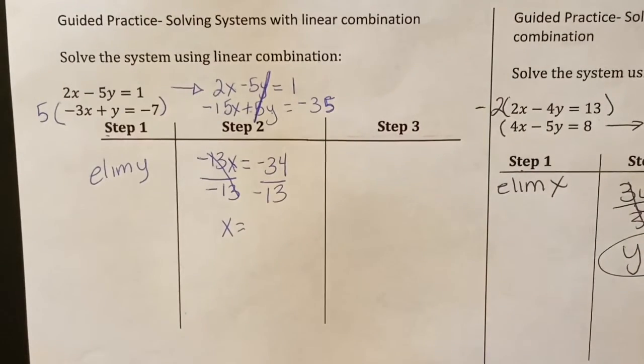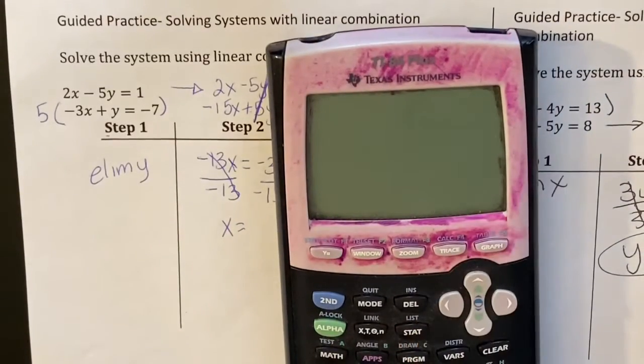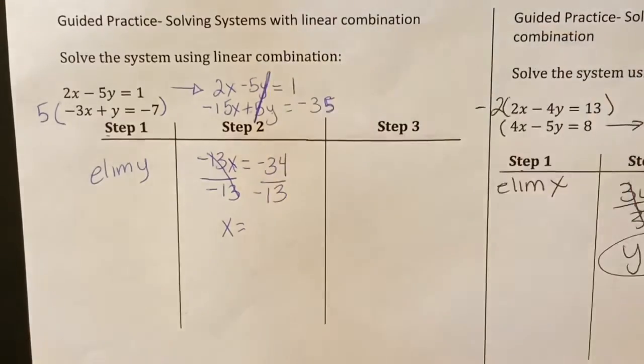Now, if you put this in your calculator, you'll realize that this is not a perfect number. That would be 2.615 and so on. So I'm not going to use this decimal. I'm going to keep it in fraction form.